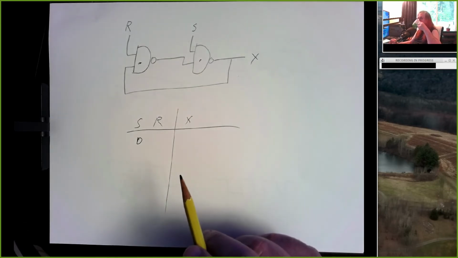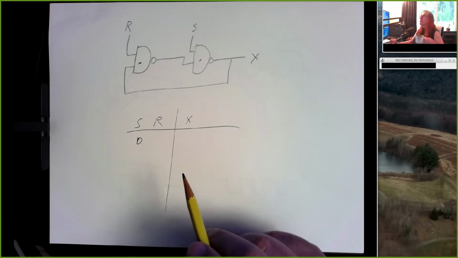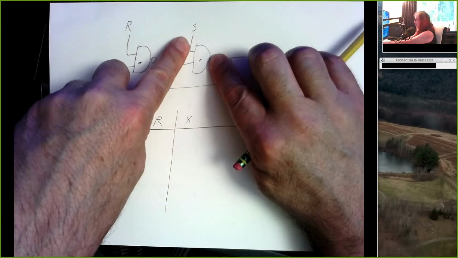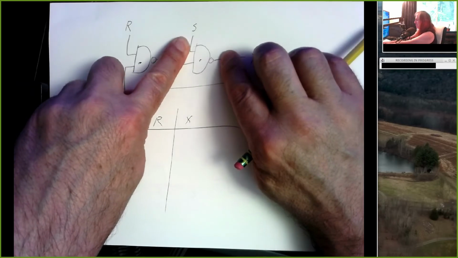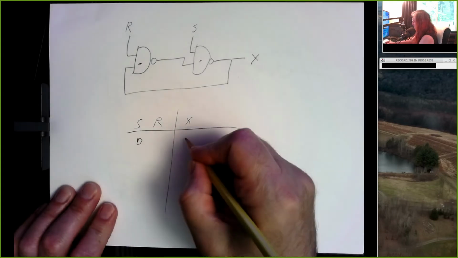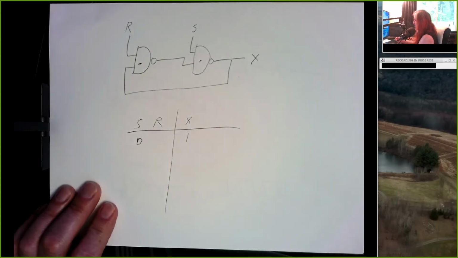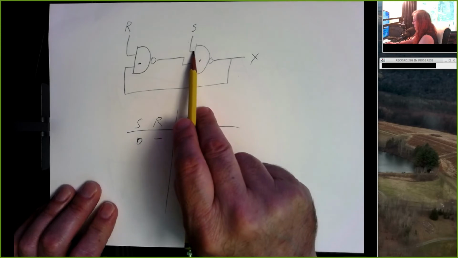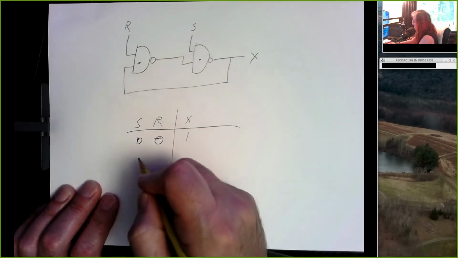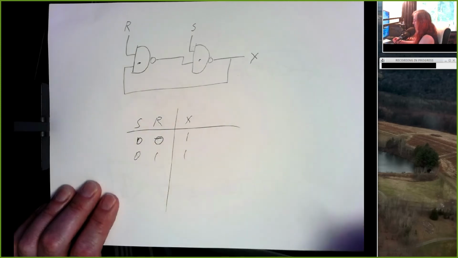Almost. So an AND, since we have a 0 going in here, the output of the AND would be 0. The output of the NAND would be a 1, because it's the opposite of an AND. So X will be a 1. And it doesn't really matter what the R input is. Just by knowing that the S input is a 0, I know that my output's going to be a 1. So 0, 0 will give me a 1, 0, 1 will give me a 1.